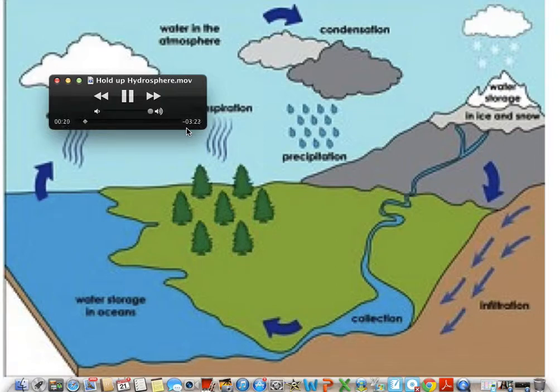Hold up. The hydrosphere. Hold up. Water cycle. Hold up. Evaporation. Hold up. Transpiration. Hold up. Condensation. Hold up. Precipitation, runoff. Hold up. And collection.